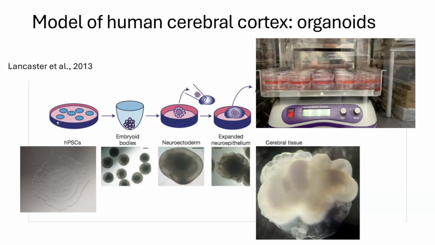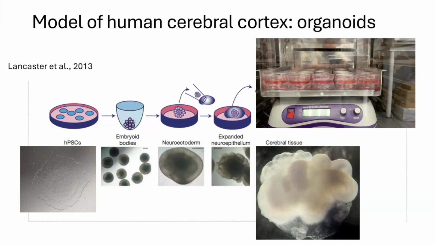From the stem cells, we aggregate about 9,000 cells into little balls, what we call embryoid bodies. By changing the differentiation medium, these embryoid bodies slowly develop to make neuroectoderm, the precursor cells to what you get in the brain.